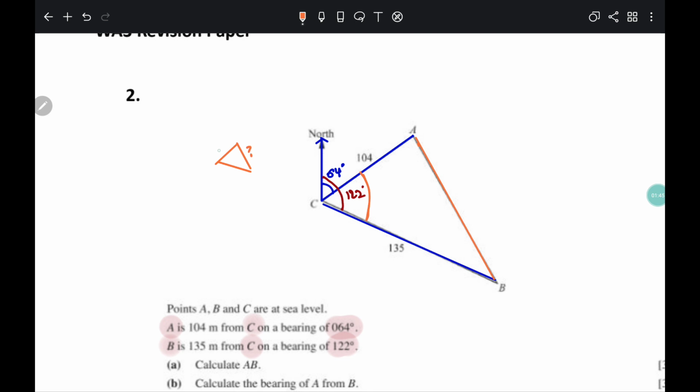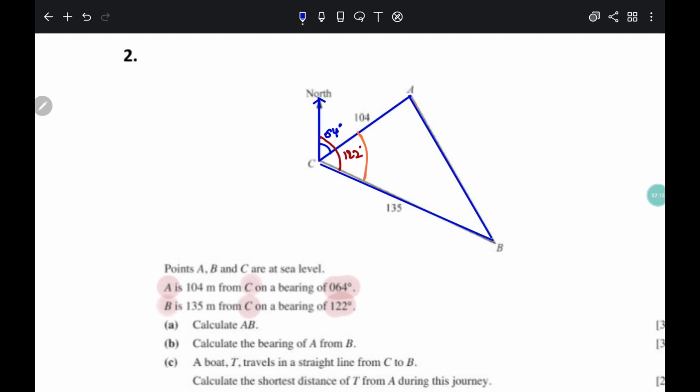I don't have AB, I have 104, 135, and the angle inside. Since there is no pair of length and angle, no sine rule. So for part A, I must use the cosine rule. Pause the video now and work out part A on your own.